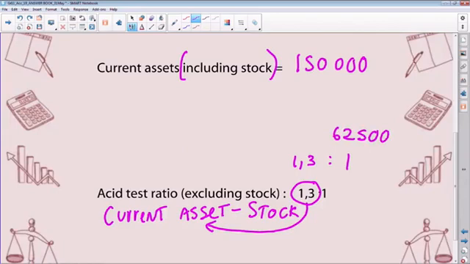Right, now what does this ratio tell me? That if I'm working backwards to calculate current assets minus stock, that represents 1,3 times my current liabilities. Okay, remember when I read this ratio, for every 1 rand of current liabilities, we have current assets without stock, 1.30 rand.